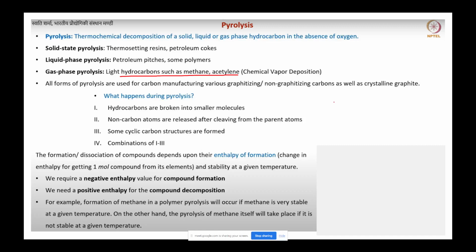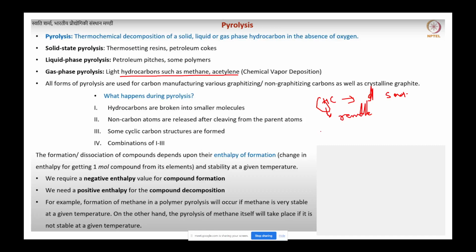Because in this heat treatment process, suppose you take pyrolysis, firstly the hydrocarbon makes small molecules, and then non-carbon atoms, like hydrogen, will be removed.